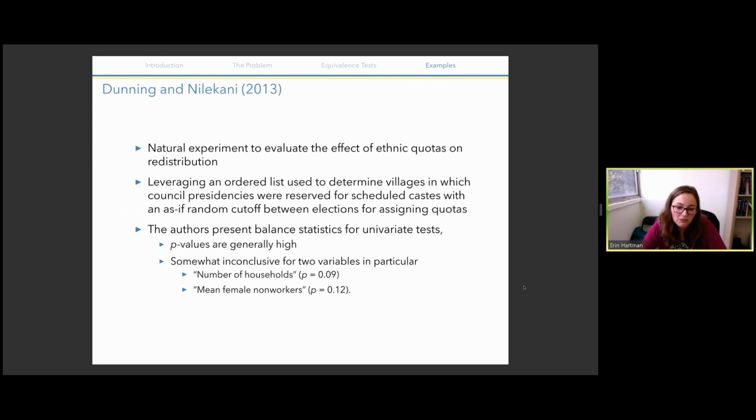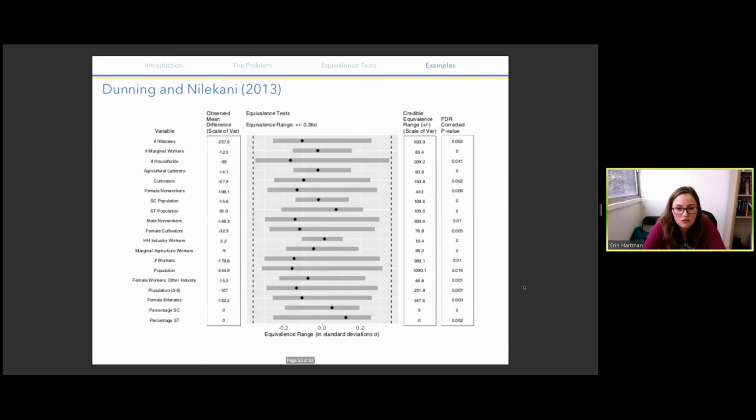We want to look for a p-value closer to 0.2 maybe, or there's no hard number, but maybe this is close to a consequential difference. And the same with the mean number of female non-workers, which had a p-value of 0.12. Of course, they present an omnibus test as part of their example and a series of other compelling arguments, but I want to focus on these two.